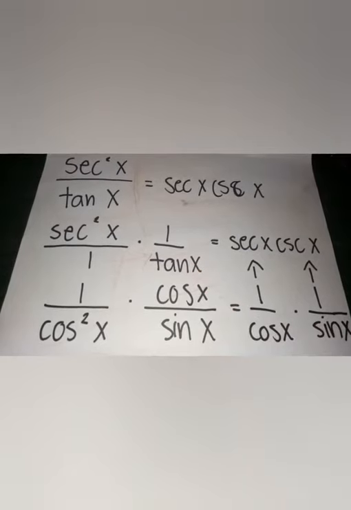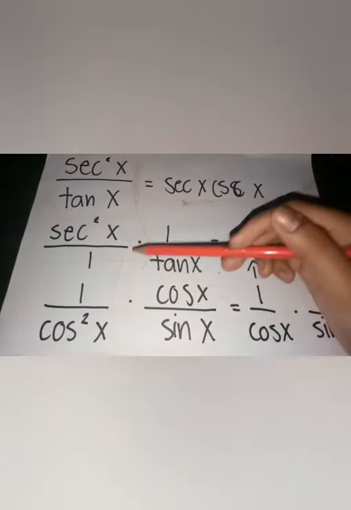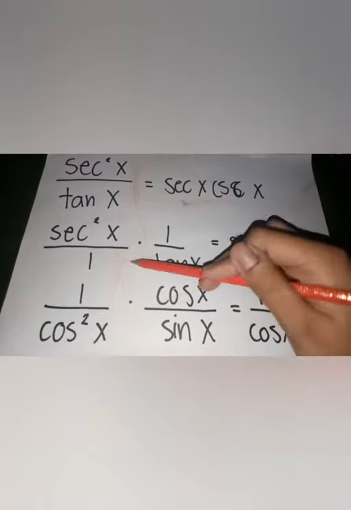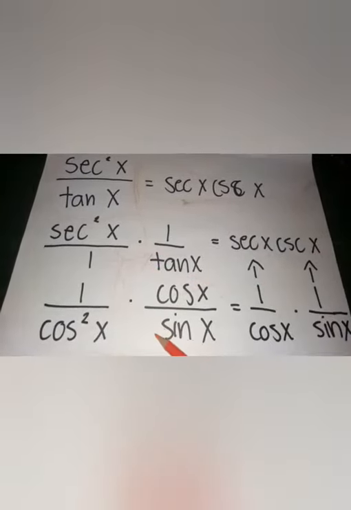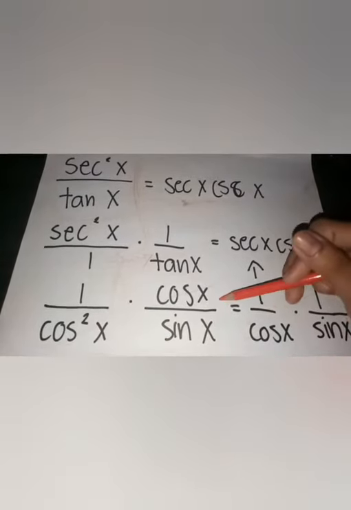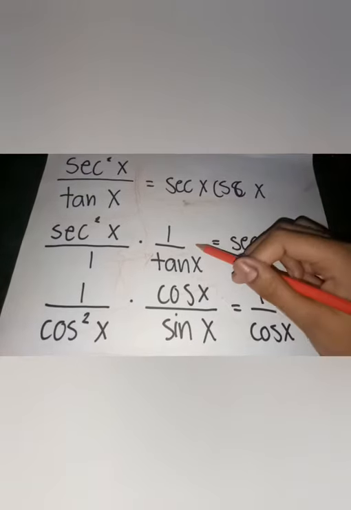And this will be 1 over cosine squared x, where it is equal to secant squared x multiplied by cosine x over sin x, which is also equal to 1 over tangent x.